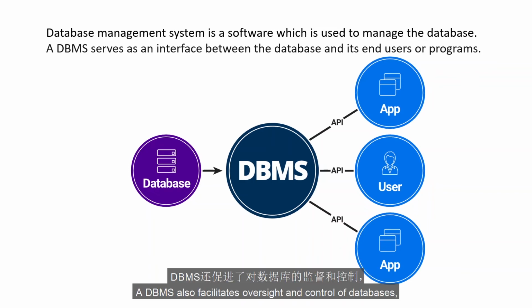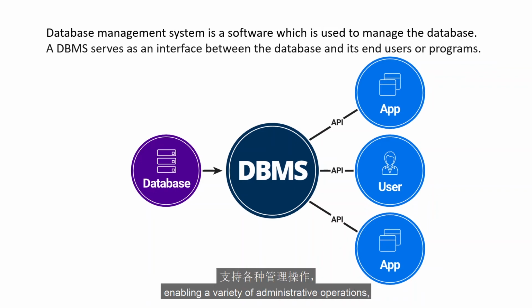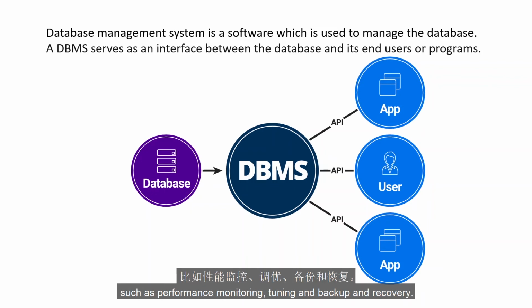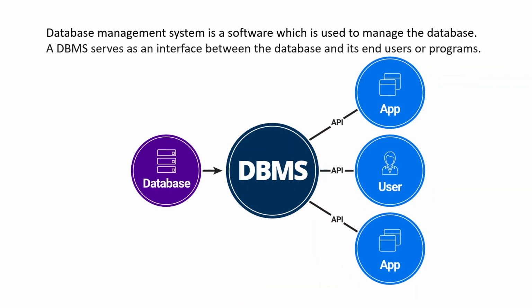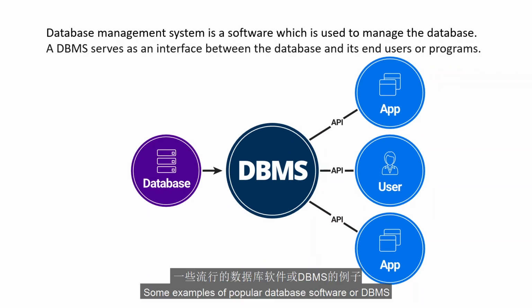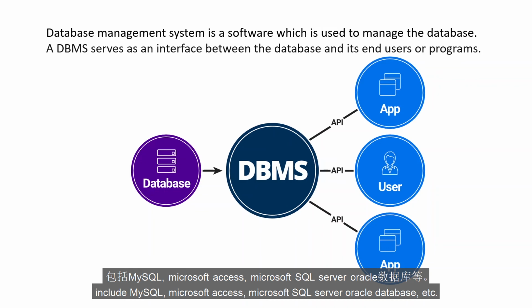A DBMS also facilitates oversight and control of databases, enabling a variety of administrative operations such as performance monitoring, tuning, and backup and recovery. Some examples of popular database software or DBMS include MySQL, Microsoft Access, Microsoft SQL Server, Oracle Database, etc.